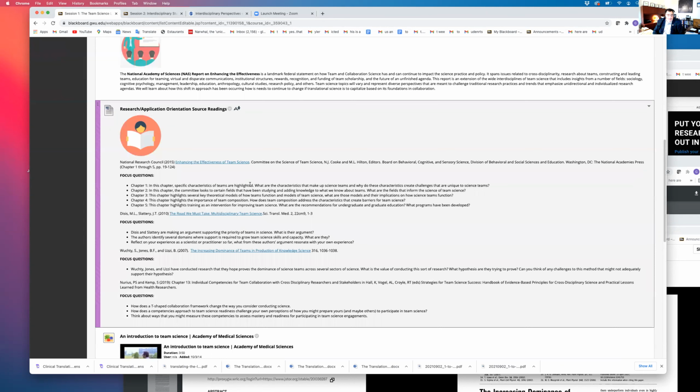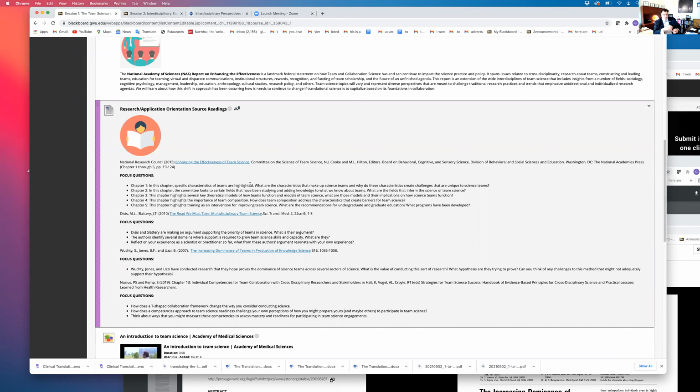take. And in the first 5 chapters, the reason why I asked you to take a look at those chapters in particular is to start to understand the language, the issues, the frameworks that the study of teams adopts.